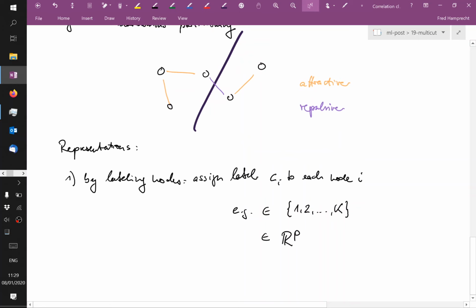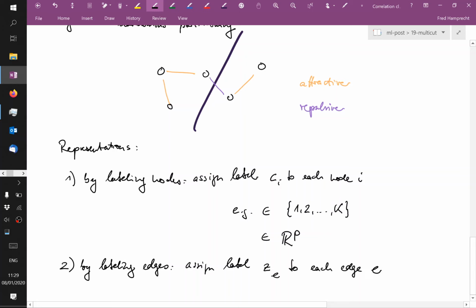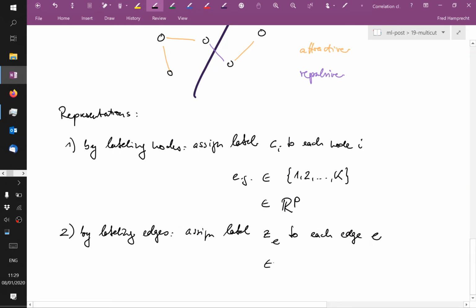How to represent a clustering is by labeling nodes. And there is an alternative choice by labeling edges, in which case we assign a label, I'm going to call this z_e, to each edge e in our graph. And these labels represent whether the edge is cut or not cut.